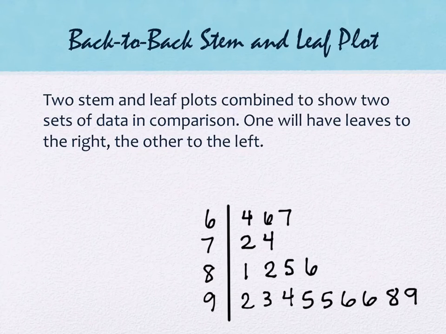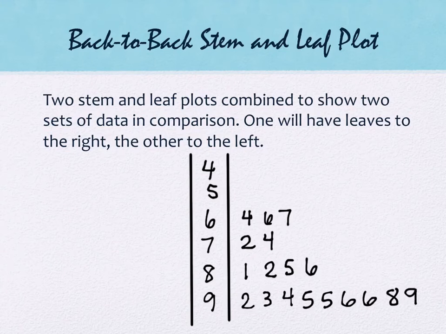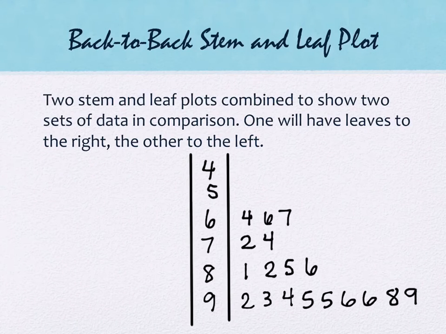So I'm going to extend this vertically to include the 4 and the 5 that I needed from before. Then my stems get trapped in the middle of the leaves like this. Then we're going to take this stem and leaf plot and expand it moving to the left. The first number on here is 43, so the 43 will have a 3 right here.